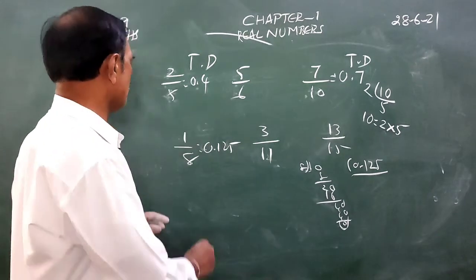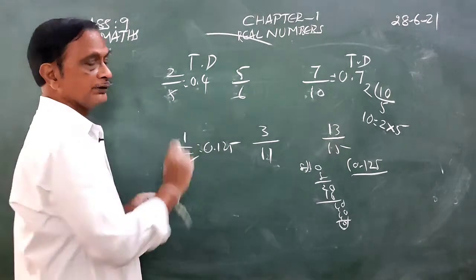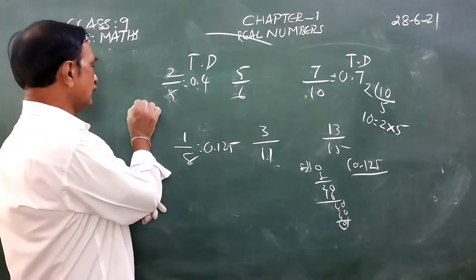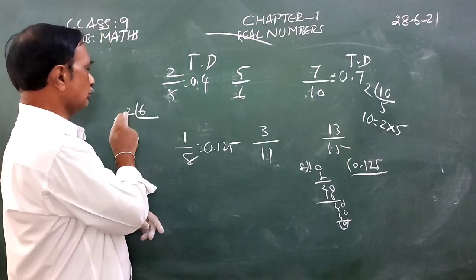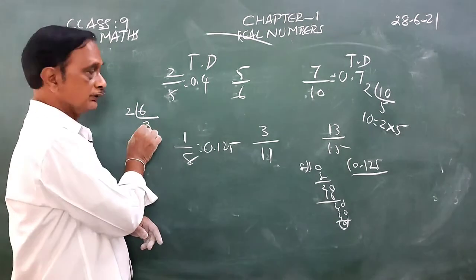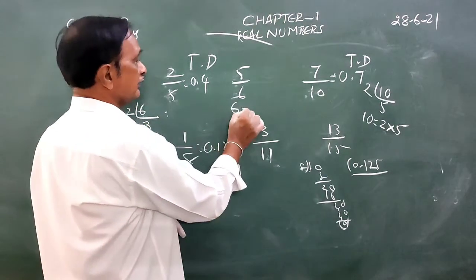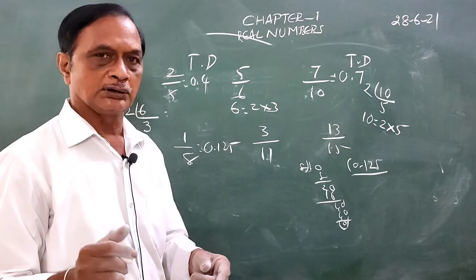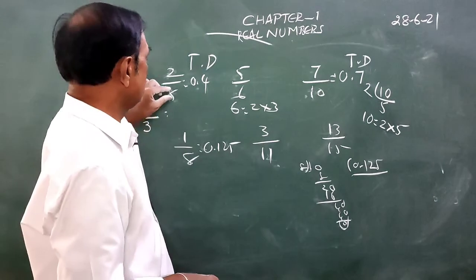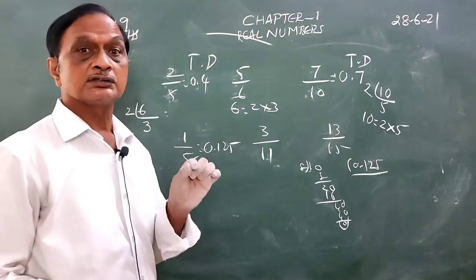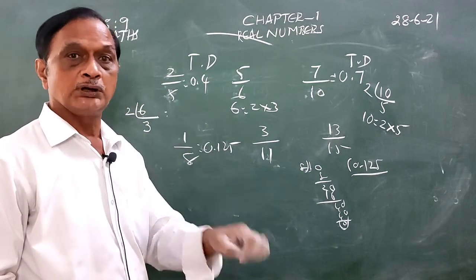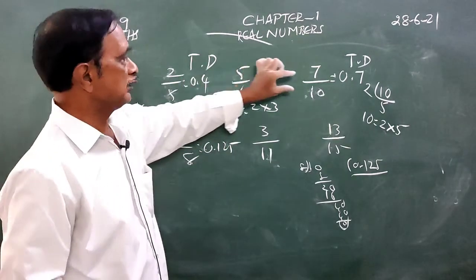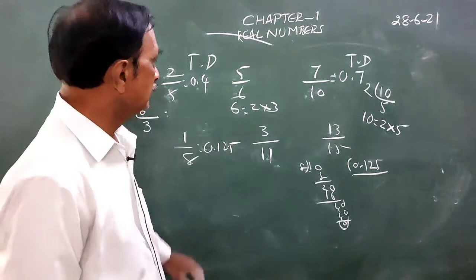Now 5 by 6. What is the denominator here? 6. How do you prime factorize 6? Divide 6 by a prime number. How many times does it go? 3. So 6 as prime factors is what? 2 into 3. Here I am not dividing the numerator by the denominator. I am simply verifying whether the denominator consists of prime factors 2 or 5 or both 2 and 5 to say that the given rational number represents a terminating decimal.